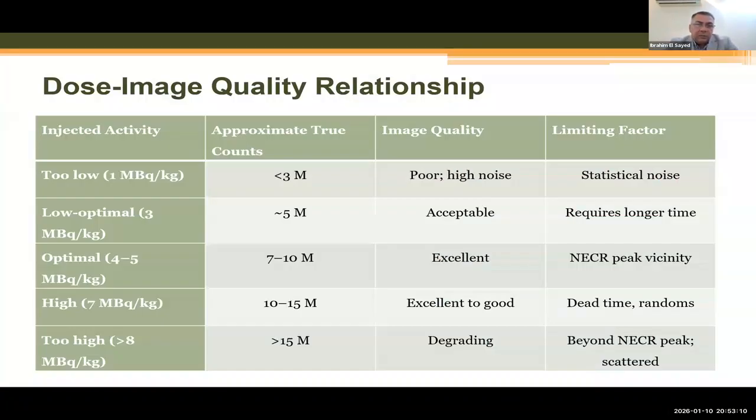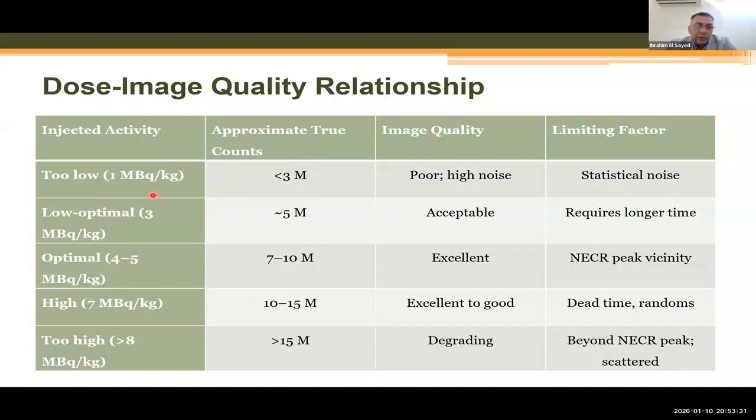So this is a table explaining the dose and image quality relationship. We have here the injected activity: too low, 1 megabecquerel, 3 megabecquerel, 4 to 5, 7, too high, which is more than 8. The approximate true count for each will be explained here.